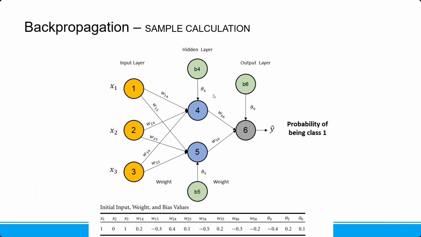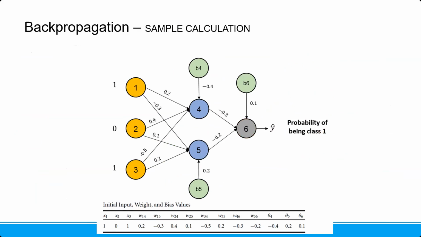Now, with this network, how can we apply the back propagation? We start with the input 1, 0, and 1. This is the initial input. Now we put the weight on every one of these.